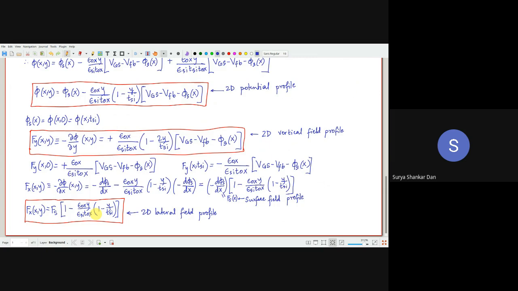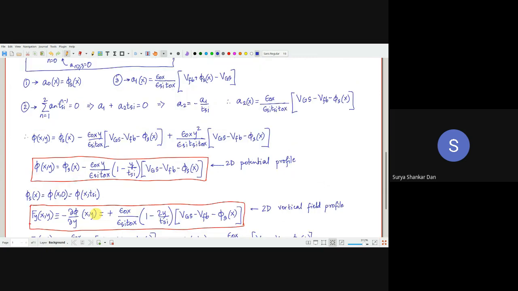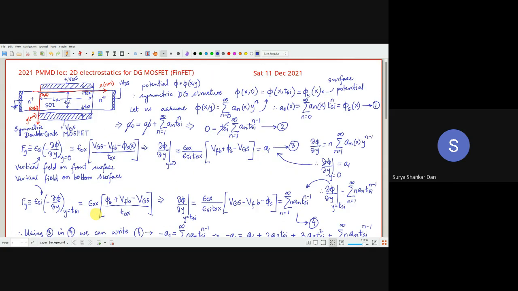So what I'm trying to emphasize is that the way I have done this is for the symmetric DG, which is directly applicable to FinFETs and tunnel FETs. So this is the structure which is governing. FinFET means this is essentially the top view.